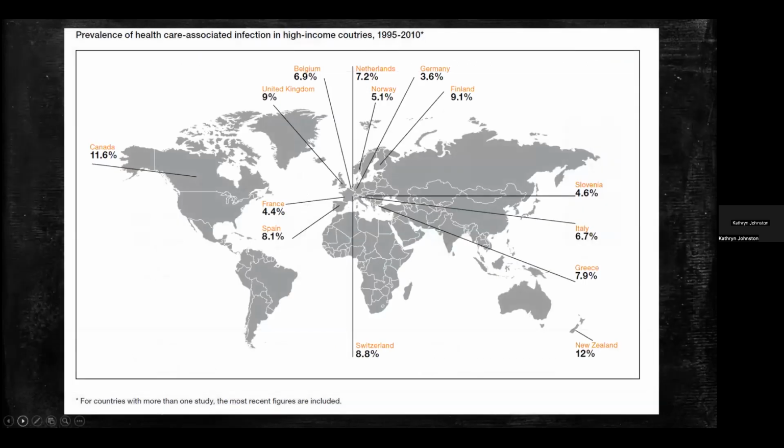WHO goes on to note that HAI prevalence figures reported in the most recent studies available from high-income countries, shown in this figure, range from 3.6% in Germany to 12% in New Zealand.